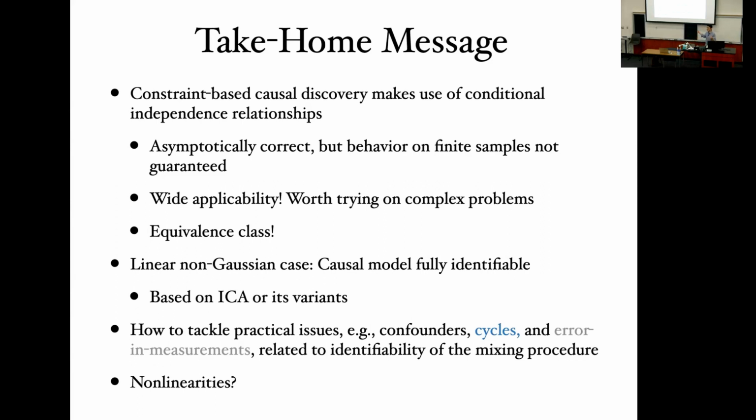Not to mention cycles. We can also deal with cycles in a very good way, because we make additional assumptions. In the linear case, we assume non-Gaussianity, but generally speaking, it holds true if the model is nonlinear. If the relations are nonlinear, then even if the distribution is Gaussian, the same thing holds true.